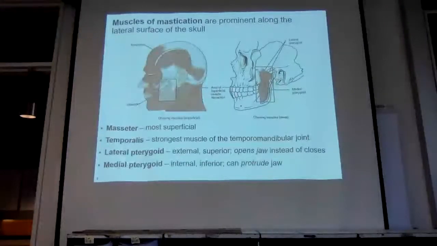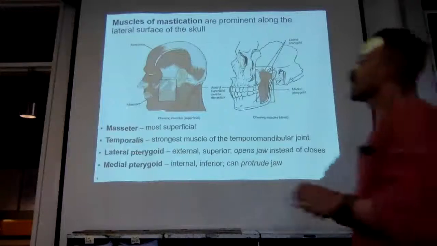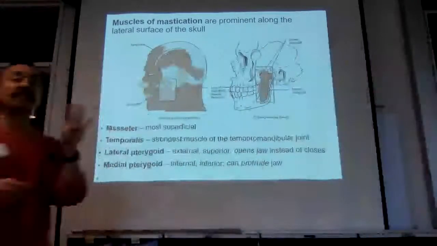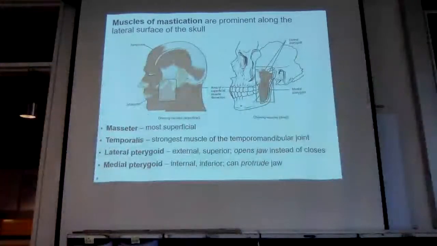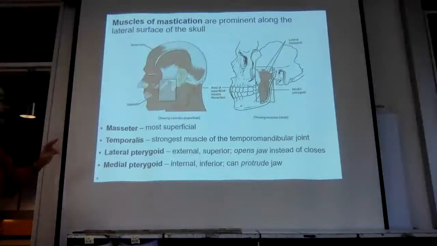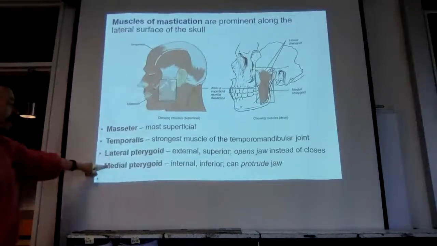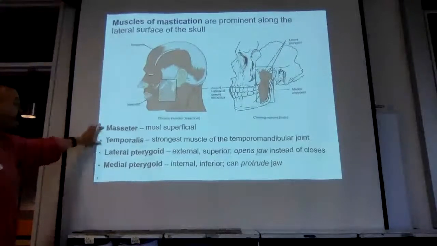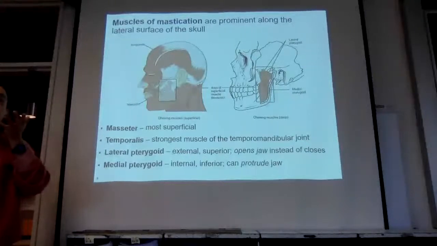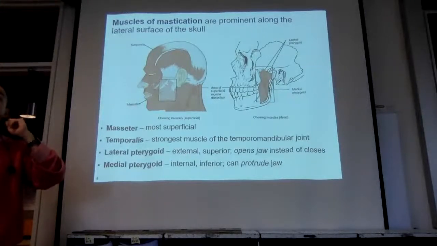All right, for chewing, mastication, there are 4 major muscles of chewing. 3 of them, the masseter, temporalis, and medial pterygoid, are for closing your mouth, so elevating your jaw at the temporomandibular joint.